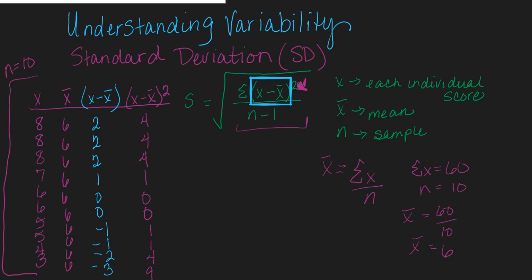In the top piece of our standard deviation formula, we have the sum of all x minus x bar squared. So we're going to need to add all of these values up. The sum of x minus x bar squared is 28.